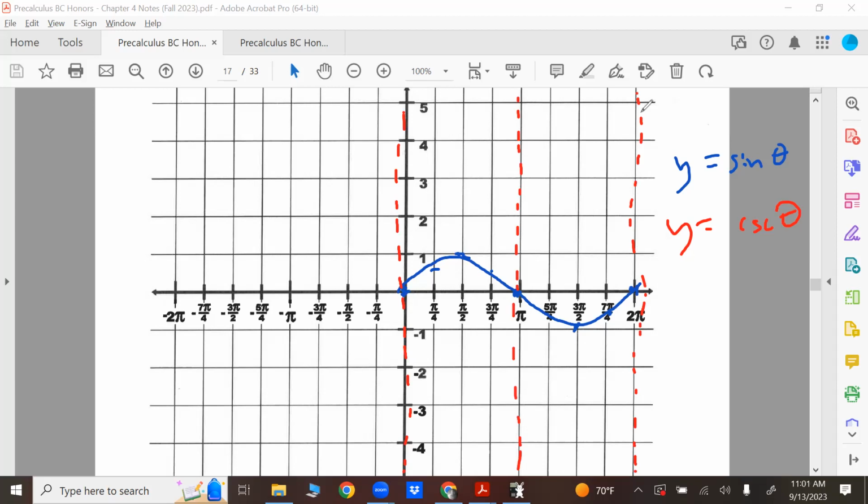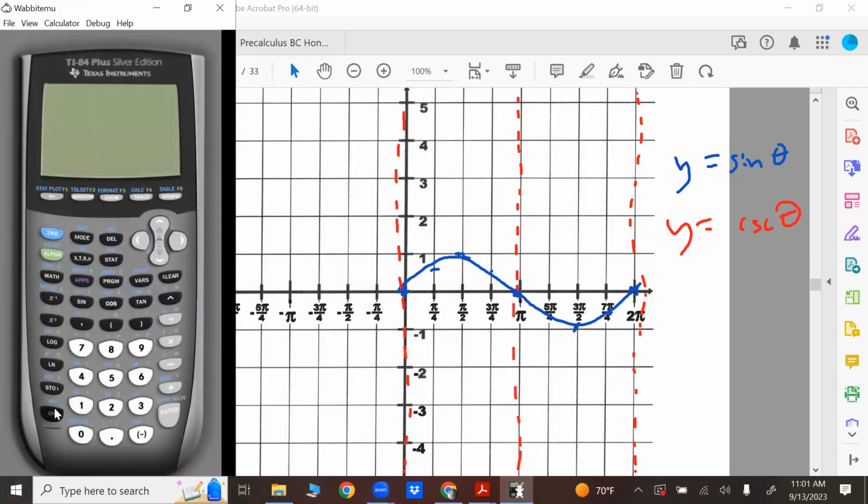That's really what's happening if you were to plug in, for example, let me get my calculator out. Let's switch to radian mode. Yep, I'm in radian mode. So I know sine pi is 0, right? But if I do sine of, say, 3.133339, it's kind of tiny, right?